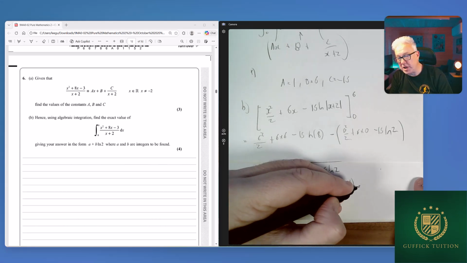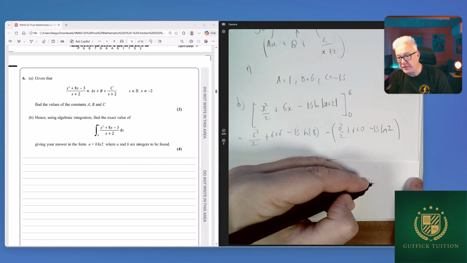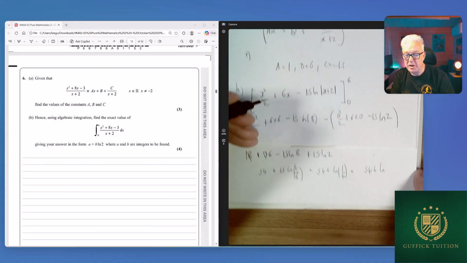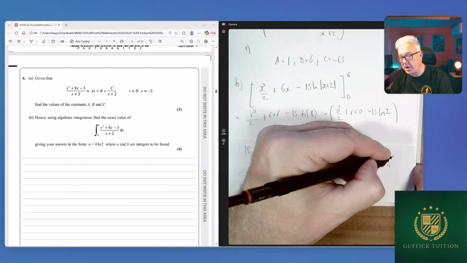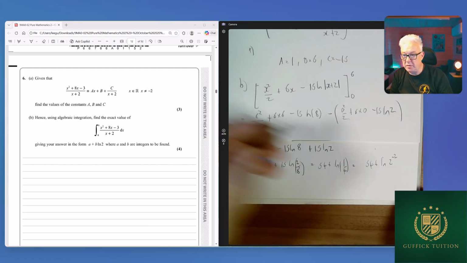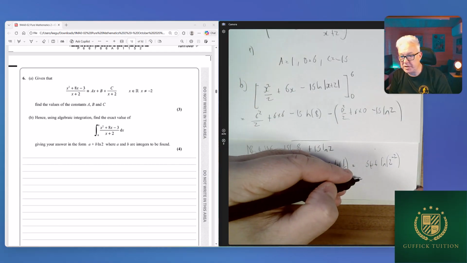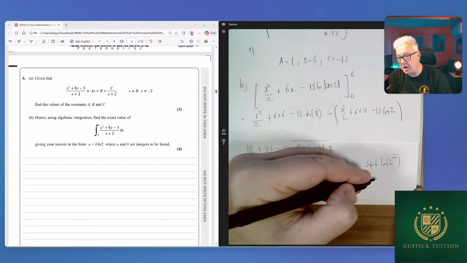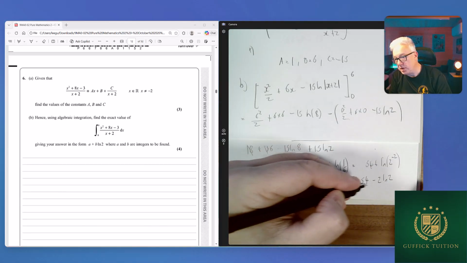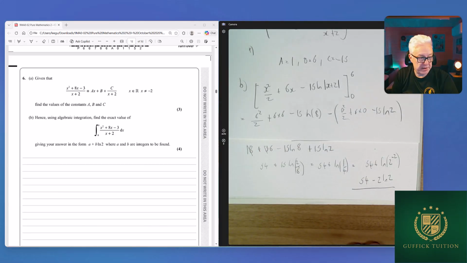And then a quarter can be thought of as 54 add ln of 2 to the minus 2. So that's a quarter reimagined without a fraction. Then we take the minus 2 to the front, so we're going to have 54 minus 2 ln 2 as our final answer. Now let's just have a double check and see if that's right.